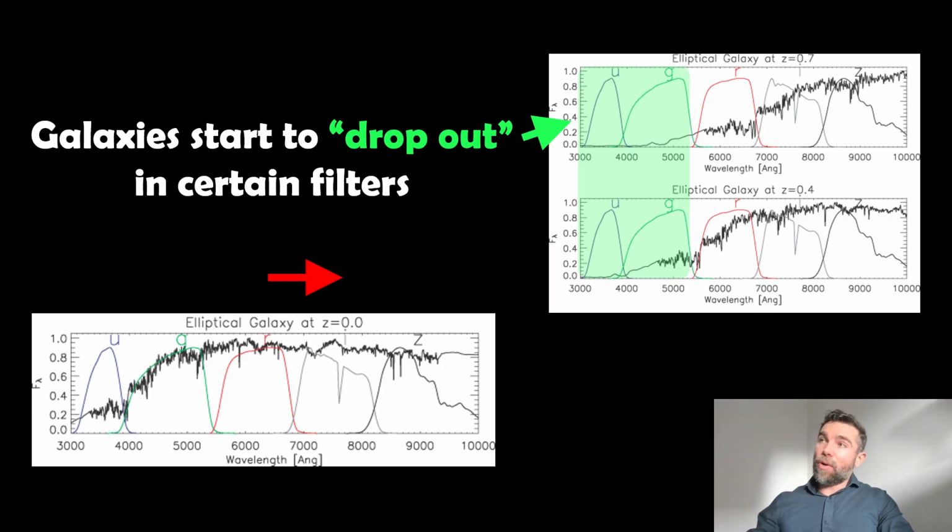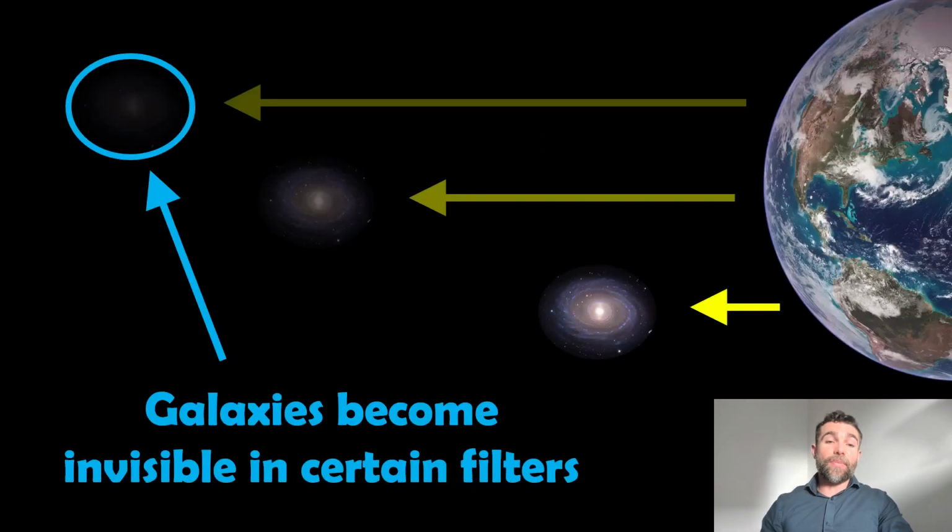But as you get more and more redshifted, things like the U and the G are going to get no light at all from that galaxy. So the ultraviolet and green part of the spectrum is no longer there. So we would classify those galaxies as dropping out of those photometric filters. They basically become invisible at that wavelength because they're being redshifted so much because they're so far away.